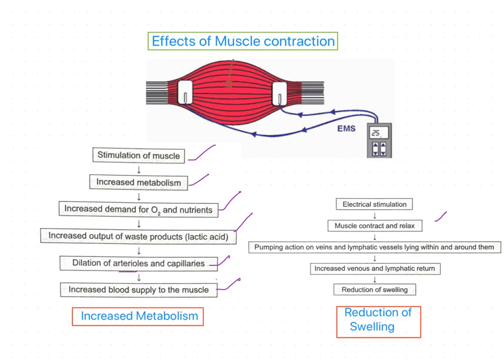Then there exists a pumping action on veins and lymphatic vessels lying within the muscle and around them. The walls of these vessels ensure that the fluid they contain is moved towards the heart, which finally increases the venous and lymphatic return.